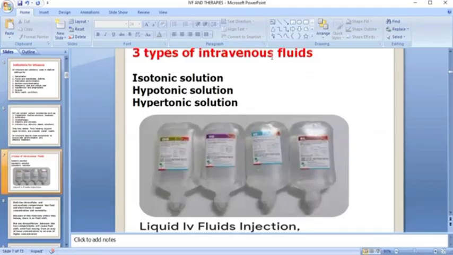Types of intravenous fluid. We have the isotonic solution, the hypotonic solution, and the hypertonic solution.